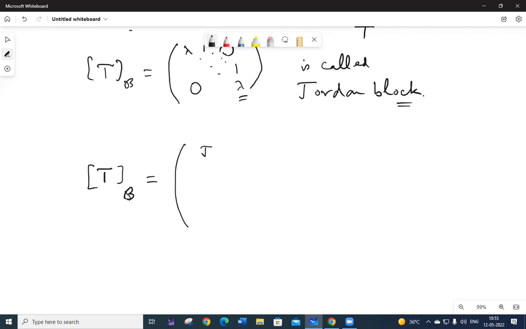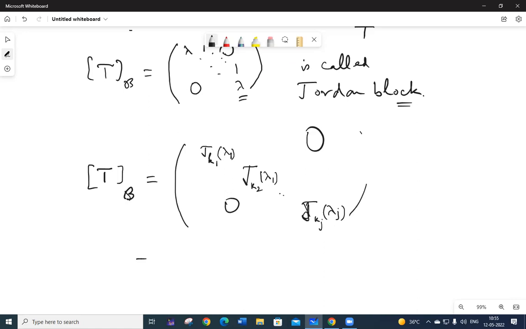Let me just write here J_k1(lambda 1), or say they may be different also, J_k2(lambda 1) and so on, J_k(lambda j), and rest are zeros.